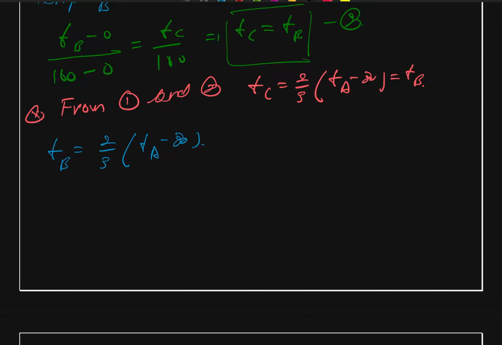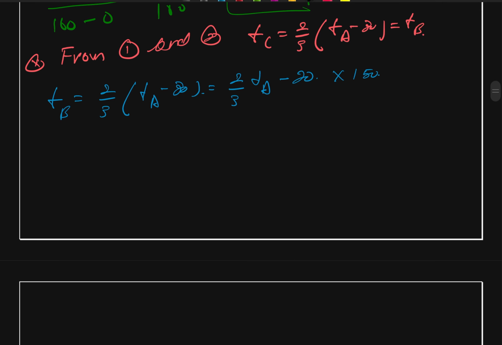Now it is just part of our calculation. We can write, let's open it, or we can multiply it. Let's open it first. So this can be 2/3 T of A minus 30, 20, and we multiply the fraction by 150.